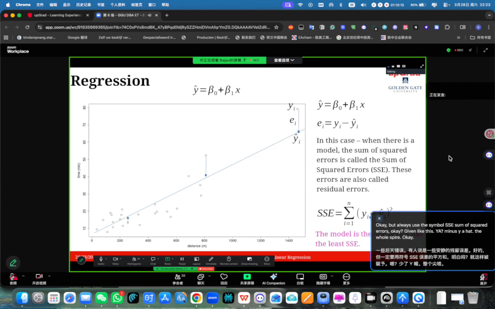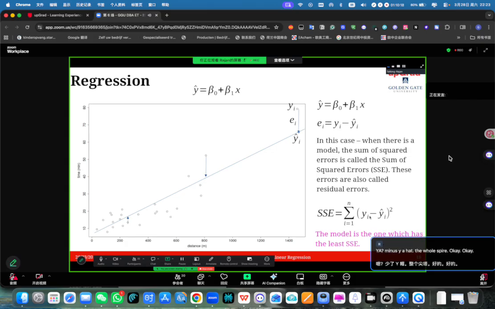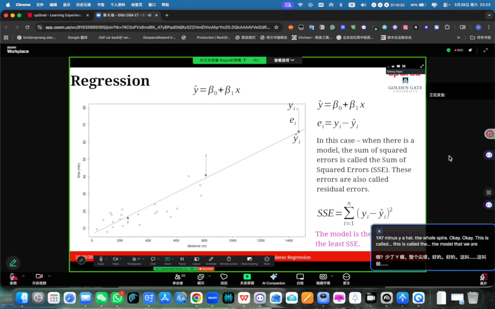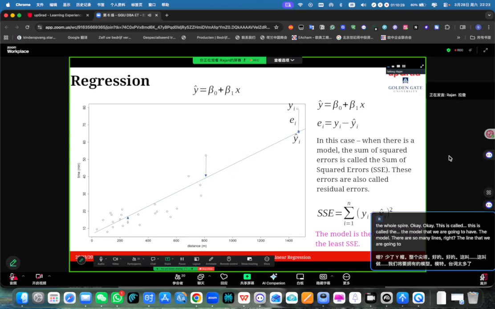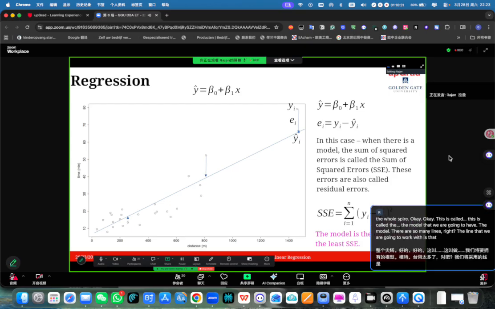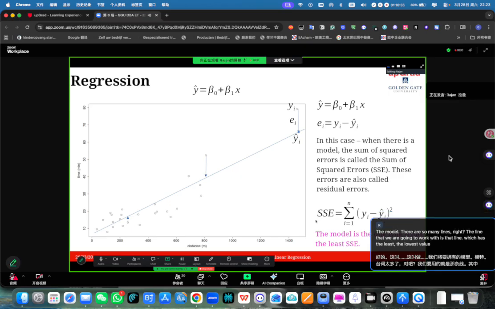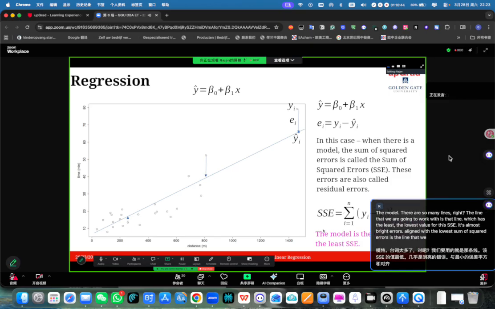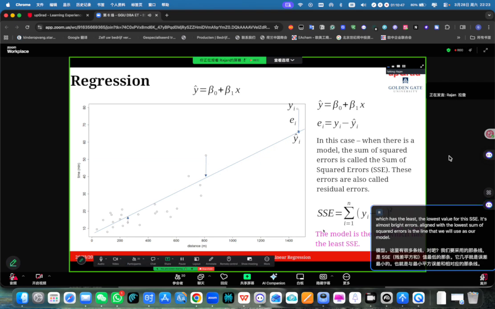There are so many lines, right? The line that we are going to work with is the line which has the lowest value for this SSE, sum of squared errors. The line with the lowest sum of squared errors is the line that we will use as our model. What does it mean?